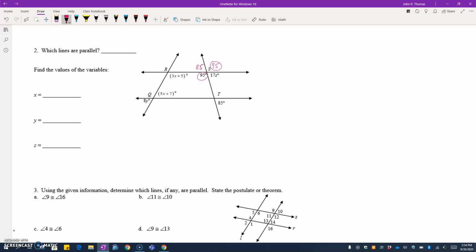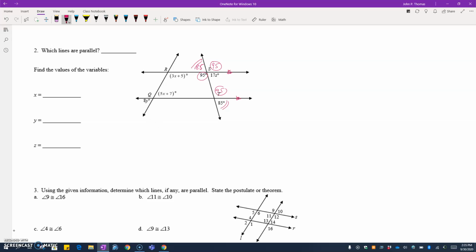Now at this point, hopefully what you notice is that we have an 85 and an 85 that are congruent, and those are alternate exterior angles. We could just as easily use supplementary angles in the linear pair and get 95 and use alternate interior angles. But either way you slice it, those two horizontal lines are the parallel ones.